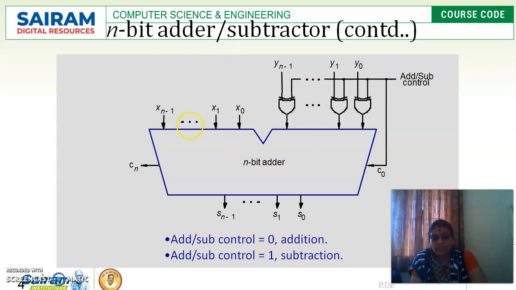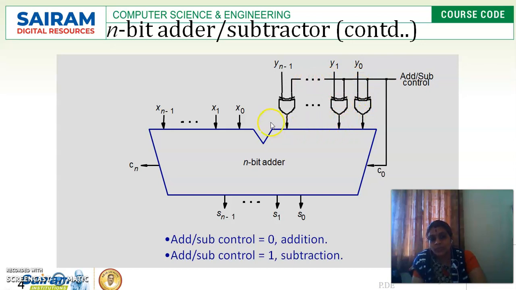So the speciality of this particular circuit is that by using the same circuit, we are going to perform both the addition as well as the subtraction, right? So if you see this n-bit adder, the very first input is x0, x1 up to xn minus 1, and the next input we are giving through the XOR gate. So why is it an XOR gate?